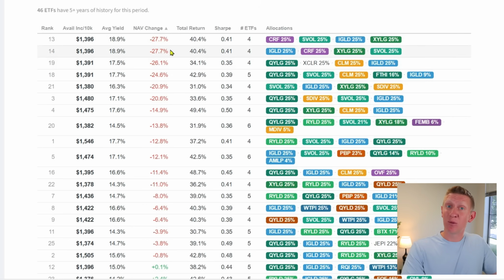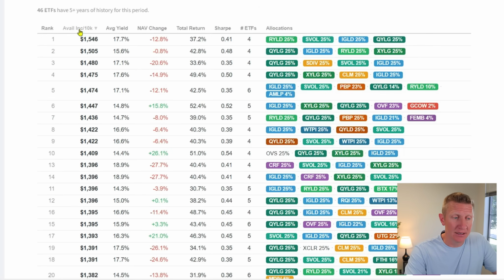There were still total returns that were positive because they're pretty strong yields. But you can see that you can build a portfolio that performs really well, and you can get that total return, also that net asset value growth, and really strong income for these average yields over these time frames for these different income ETFs.